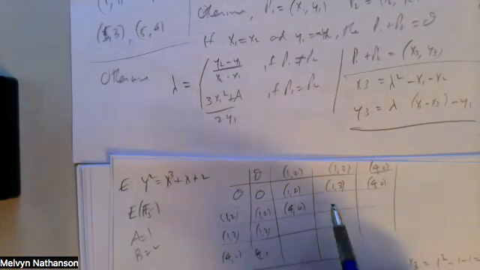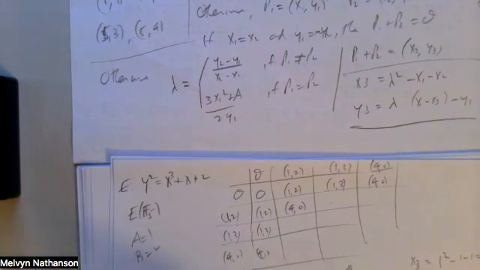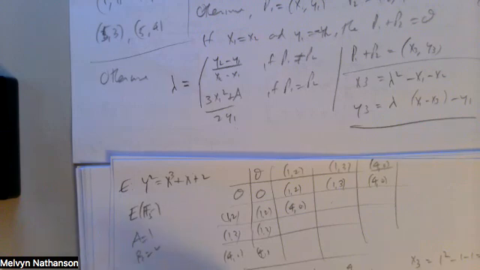What about (1, 2) plus (1, 3)? Oh, this is easy, because this is (1, 2), and modulo 5, 3 is minus 2.